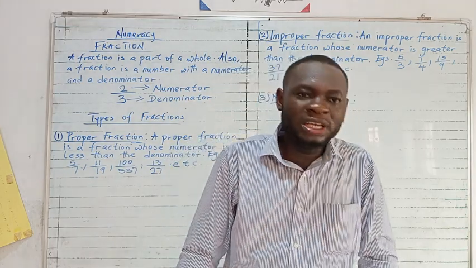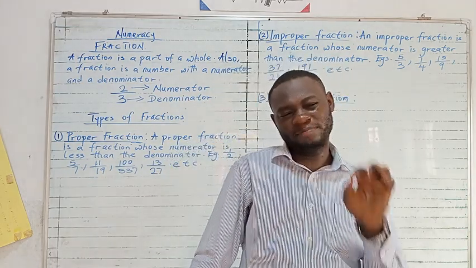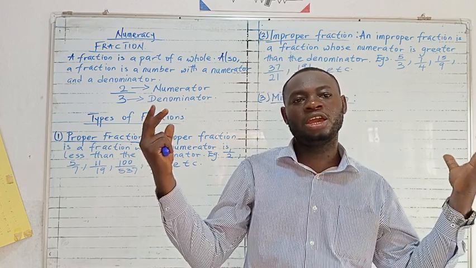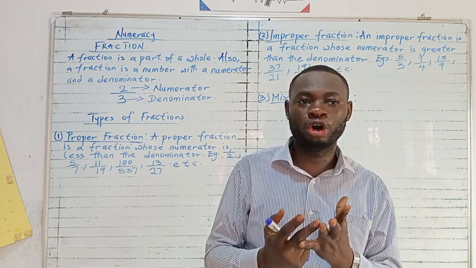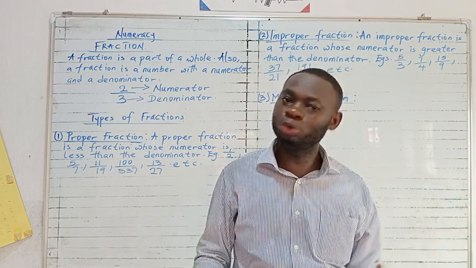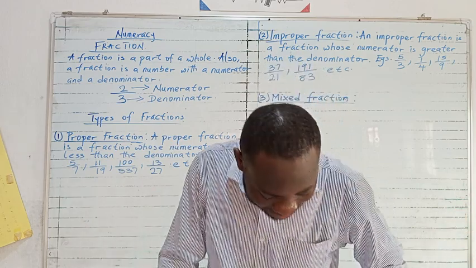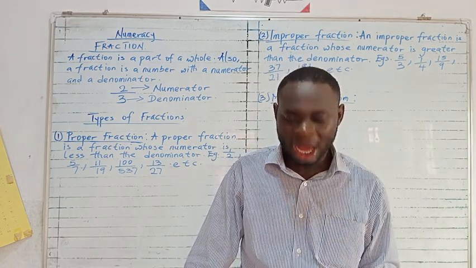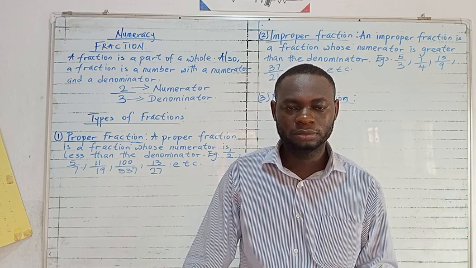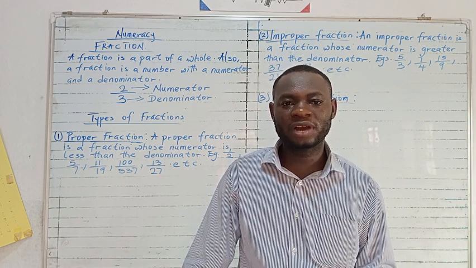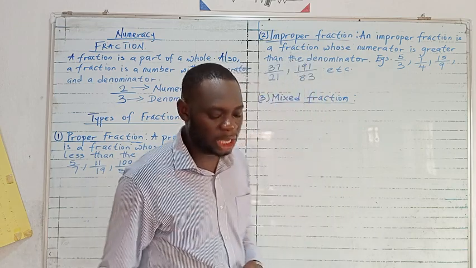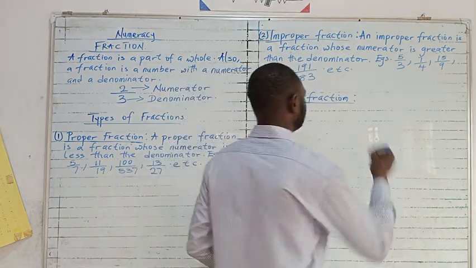Now, when we talk about mixed fractions, the name implies mixed, meaning that it is a combination of two or more things. A mixed fraction is a fraction that is made up of a whole number and a proper fraction.